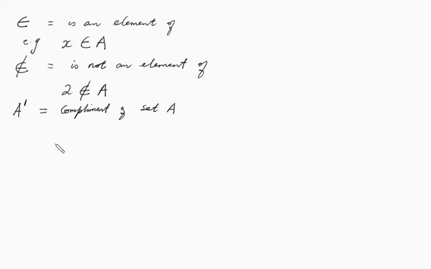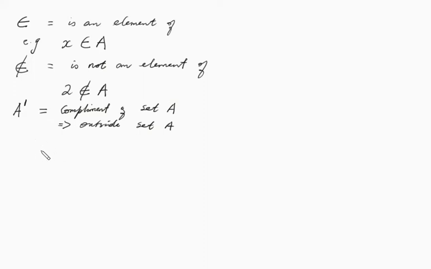So what does complement of set A mean? It implies outside set A. All right? Outside set A. So if you see a complement, that means we are going to focus on elements that are found outside set A. Then we will list them.